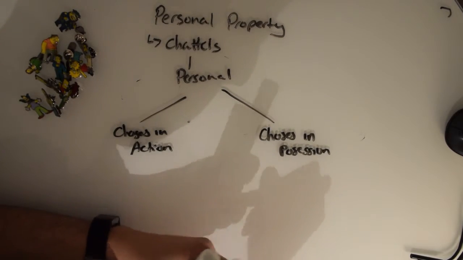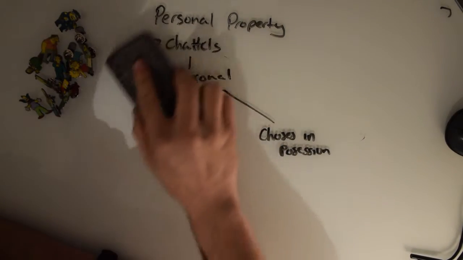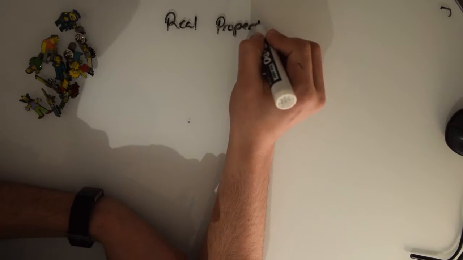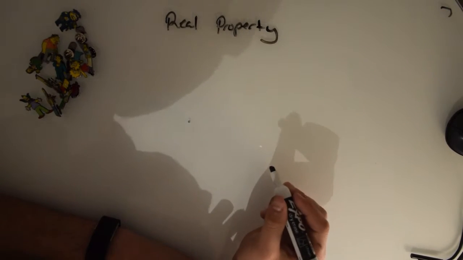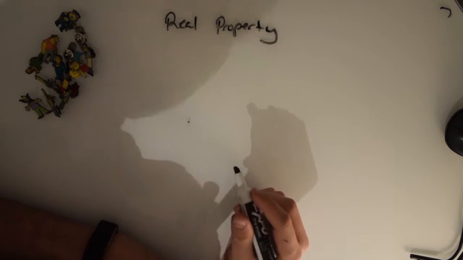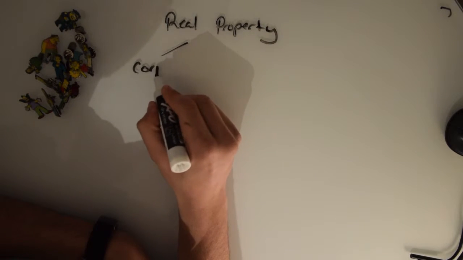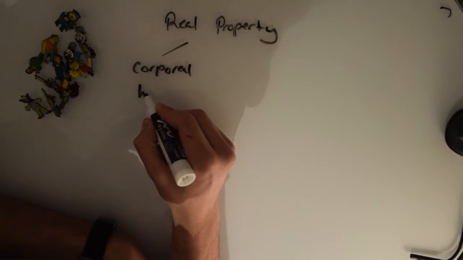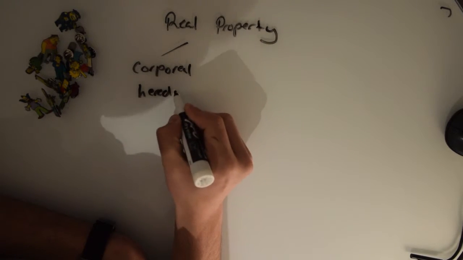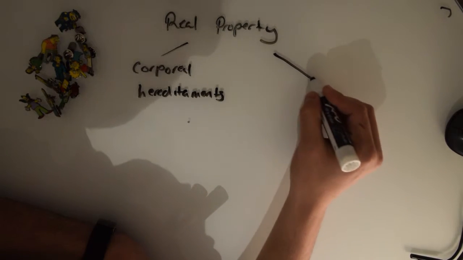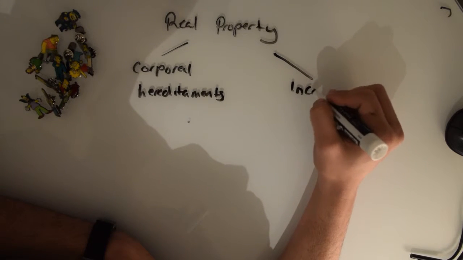Now, moving on from personal property, we can talk about real property. Real property can be broken into two subcategories. These are either corporeal hereditaments or incorporeal hereditaments.